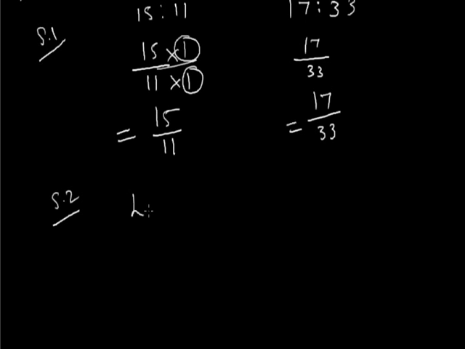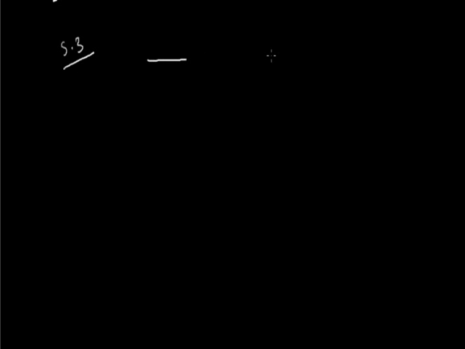The denominators are 11 and 33. Their LCM is 33. Now step 3 says that obtain the two fractions. The first fraction is 15 upon 11.